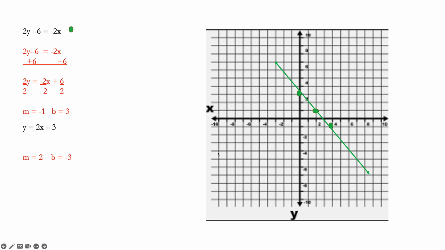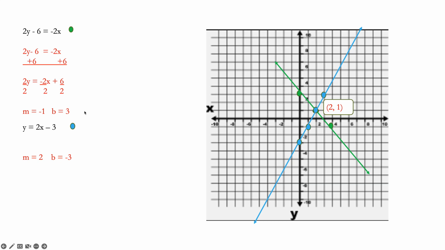The y-intercept will be -3. So I begin the blue line at -3, and then I go up 2 over 1, up 2 over 1. Oh, always comforting when it lands on a perfect point. Up 2 over 1, connect the dots. And there is my solution. It's right where the green and blue points lay on top of each other. That's the point 2, comma 1.